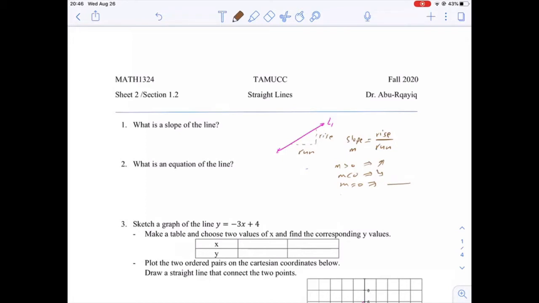And if m is undefined, then it's vertical. And it can be undefined, as we'll talk later, if the denominator, run, is 0. Okay, so I'll give you some details about this later. But for now, the slope is the ratio rise over run.